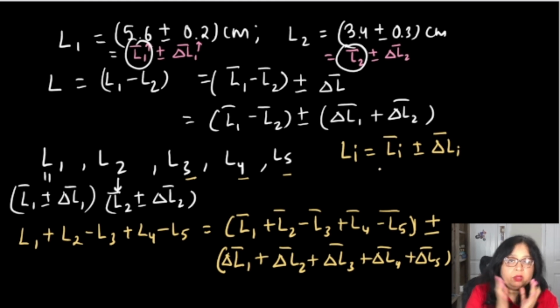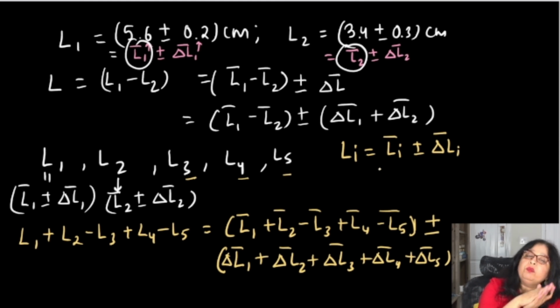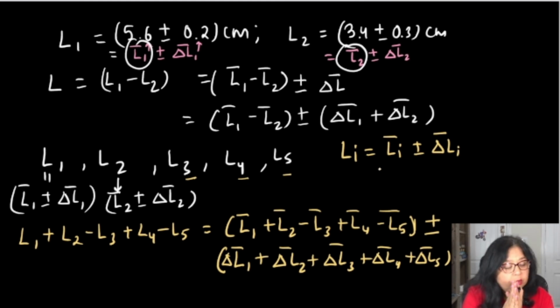Whenever you're doing a calculation, the uncertainty in the result of the calculation is always going to be equal to or greater than the uncertainty in the individual data that you use to do that calculation. So as long as those individual data points have an uncertainty, the uncertainty in the result will always be greater than the uncertainty in the individual data points.